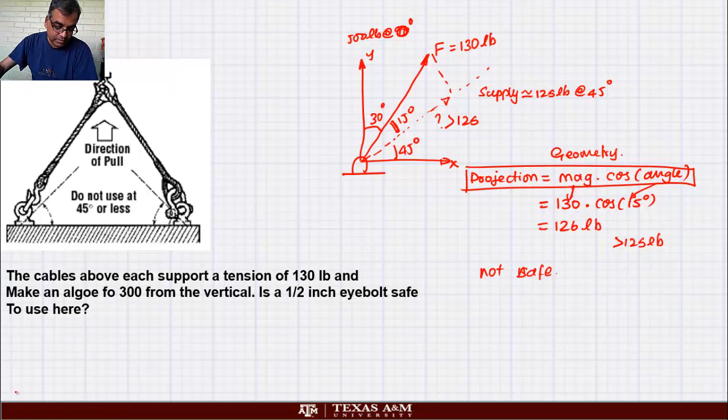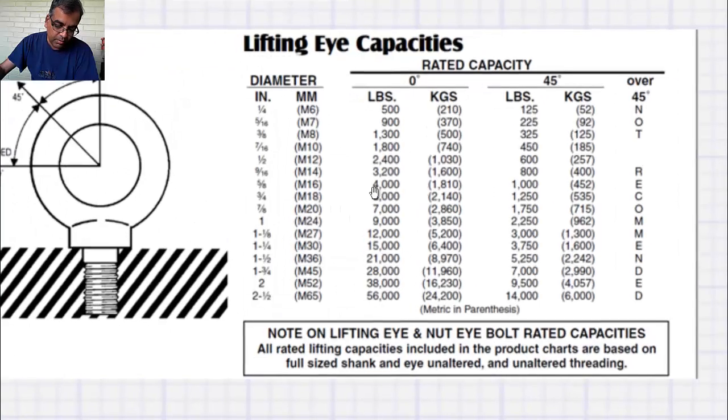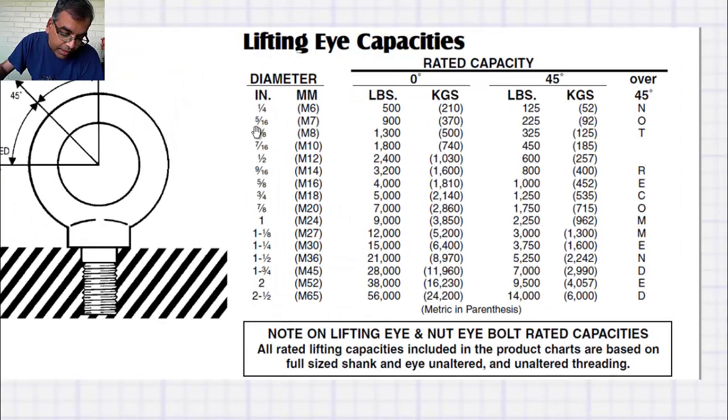What I would do is I would go back, look at the manufacturer's site and say, what is the next thing that I can recommend? So you can go back up here, blow it up, and you say, hey, wait a minute, I can do the 5/16. Can you see the 5/16, which is called a M7 in the metric system? The 5/16 can take 225 pounds at 45 degrees. The supply is quite a lot.